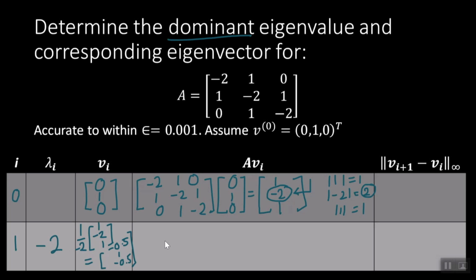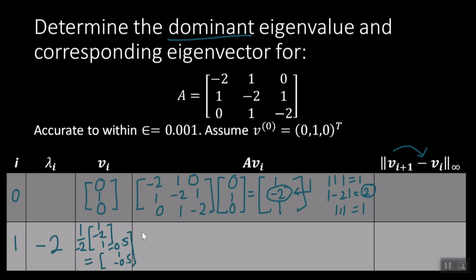And from here, we could calculate our error. So the infinity norm would be the maximum value of the magnitude of the entry from the current vector minus the previous vector. So 1 minus 1 is 0. I go with the easiest one first.